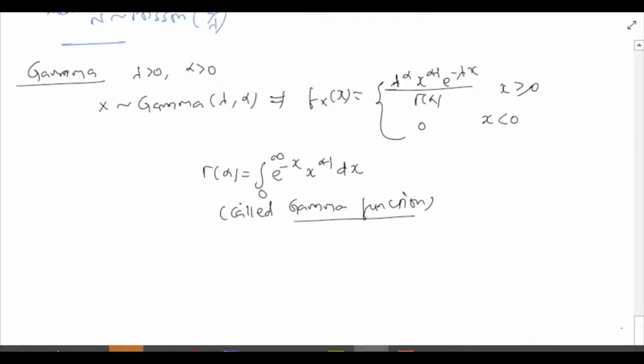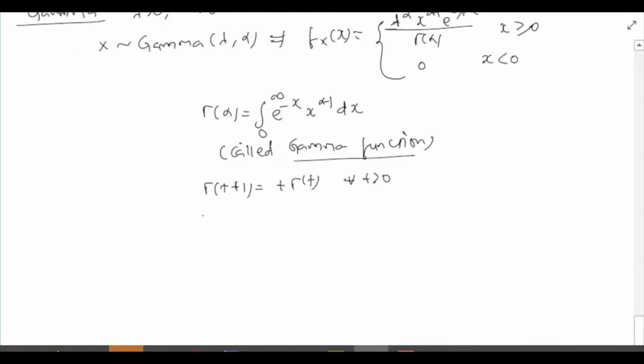The gamma function has a few interesting properties. For instance, gamma of t plus 1 is t times gamma t for all t greater than 0. If n is a positive integer, then gamma of n turns out to be factorial (n minus 1). So gamma of n is factorial (n minus 1) for all positive integers n.